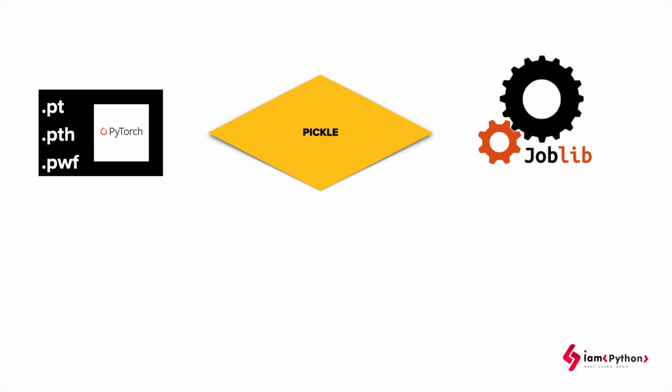There are a lot. We can create different formats of model files. You can see PyTorch .pt, .pth, .pwf, and the pickle file, joblib. Basically we do serialization, converting the native Python objects into serialized objects.